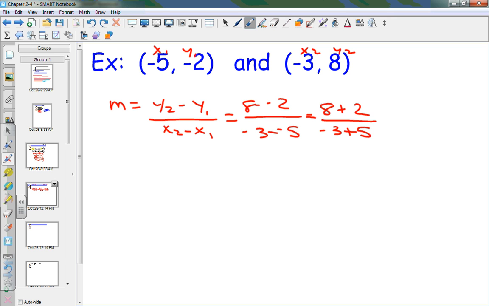Okay, so now what is 8 plus 2? 10. And -3 plus 5 is? 2. That gives me 5, that's my slope. Do we all agree? Okay. Now, if I'm giving you a slope of 5, and I have 2 points, does it matter which point I choose now?